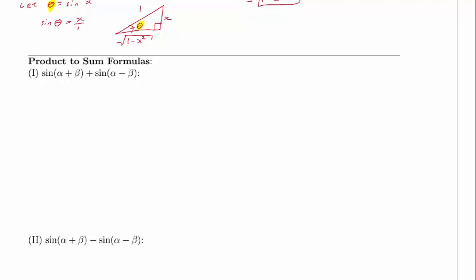We're going to add the sum for sines and then the difference for sines. So sine of A plus B, or alpha plus beta, equals sine alpha cosine beta, and then we simply add cosine alpha sine beta.